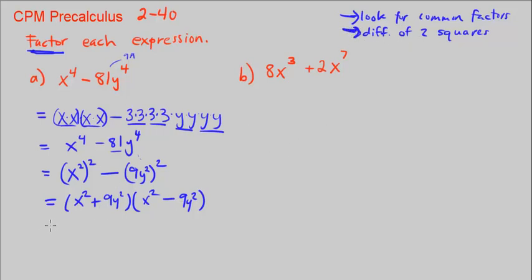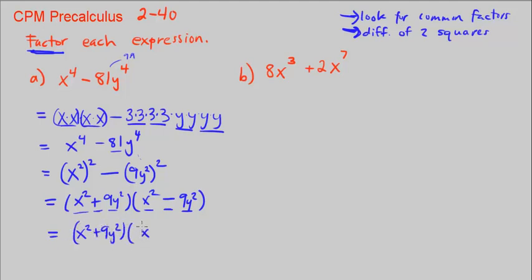Okay, so do we have a difference of two squares? Well, here it's adding, so no. Here it's subtracting, and this is x squared, and this is, what is this? Well, 3 squared is 9, and y squared is y squared. So that is the difference of two squares. So let's rewrite this, right?